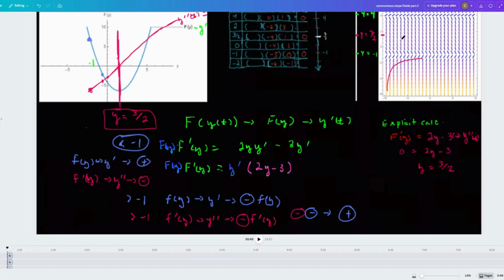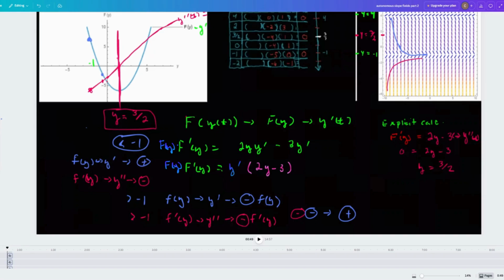If we look at the graph here and we select a solution curve in that region for any appropriate initial condition, we could say that's negative 1/2. Then somewhere on the graph, we might get something like this curve right here for our potential solution. That's going to be concave up. So when we put these two pieces of information together, both are negative, giving us a concave up result.